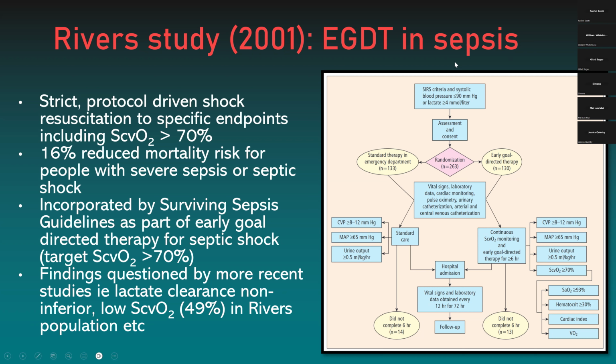There have been many trials more recently run along similar lines that question the results. There have certainly been, not necessarily criticisms of the paper, but the population they studied is maybe not as representative. This may just be that times have moved on a little bit and ICU care has changed, and things like lactate clearance are now shown to be non-inferior.